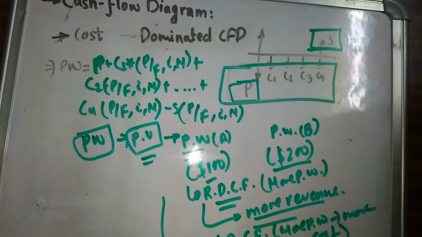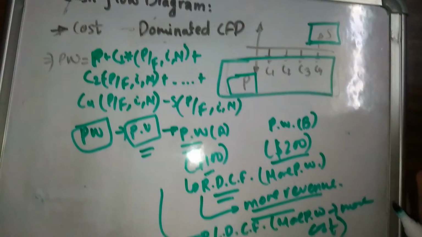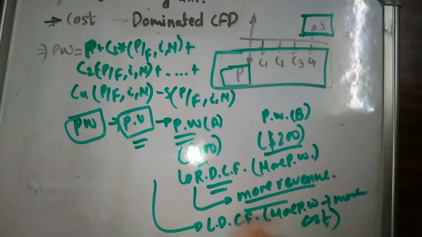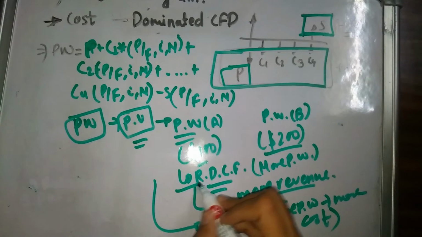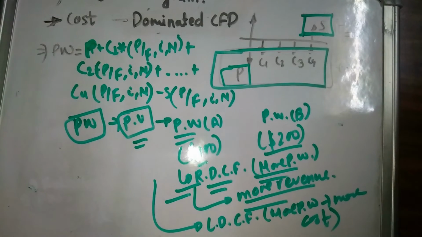You can see from the name of the cash flow diagram, you are focusing on cost or you are focusing on revenue. So more present worth means more revenue in one case, while in a cost dominated cash flow diagram it means more cost. So in this case we'll focus on the alternative which has less present worth, and the same applies for the future worth as well.